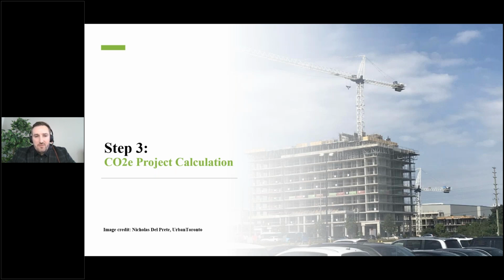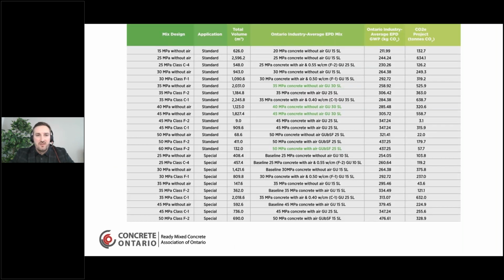But then once you start pouring concrete, now you're looking at what is the impact of the actual mix designs that were poured for this project. So you go back and you look at it exactly, my 15 MPa, I had to use the Ontario Industry Average EPD mix design table from the Ontario report to really try to calculate what kind of impact those mix designs had on the MET project.